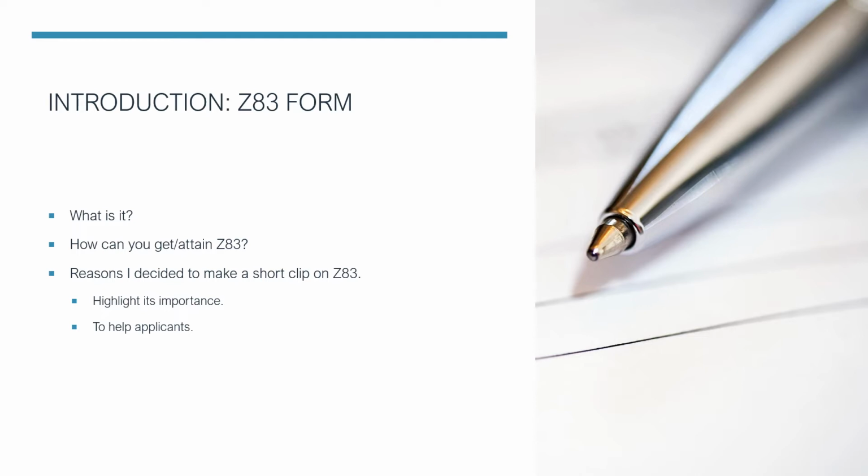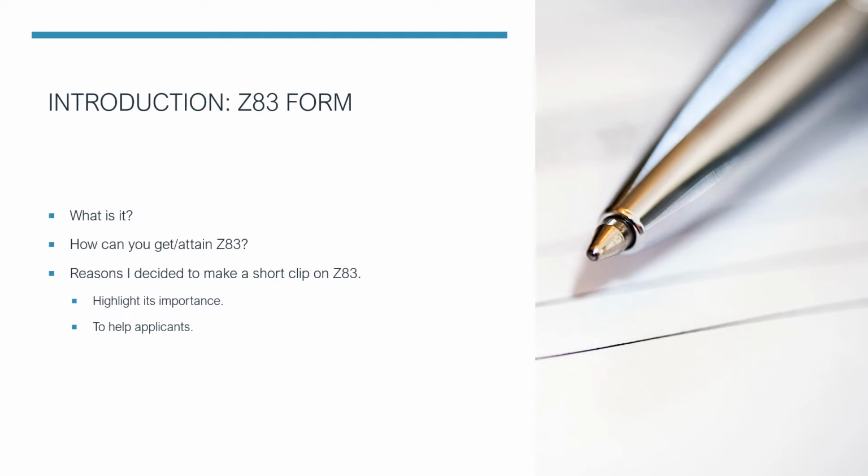If you check the structure of the Z83 form, it's almost like a summary of a CV. It covers some of the most important aspects of your professional and even personal identity, because there's a section of personal details, but it hammers mostly on your professional qualities as an individual.